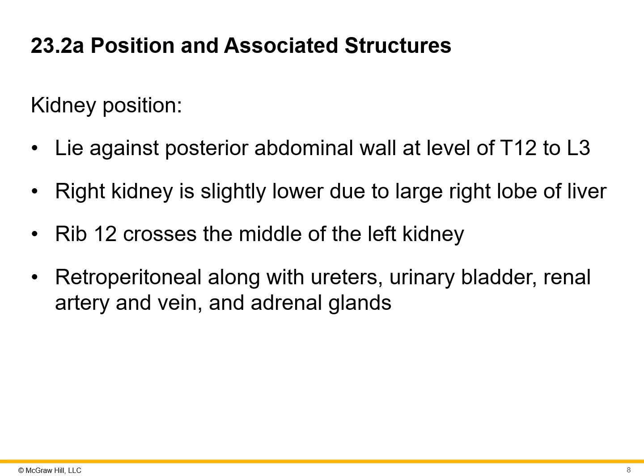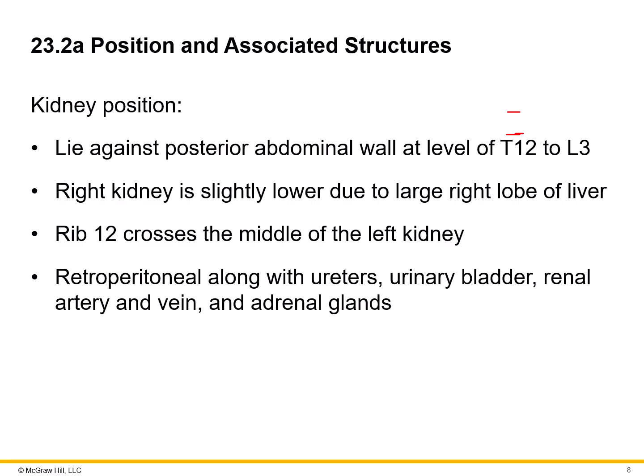So positioning, we already saw a hint of earlier, but they lay on the back of your abdomen. If you compare it to the spine, they sit right at T12, so the thoracic spine to the lower lumbar spine, L3. And they don't sit evenly. The right kidney is lower. And think back to the lungs.